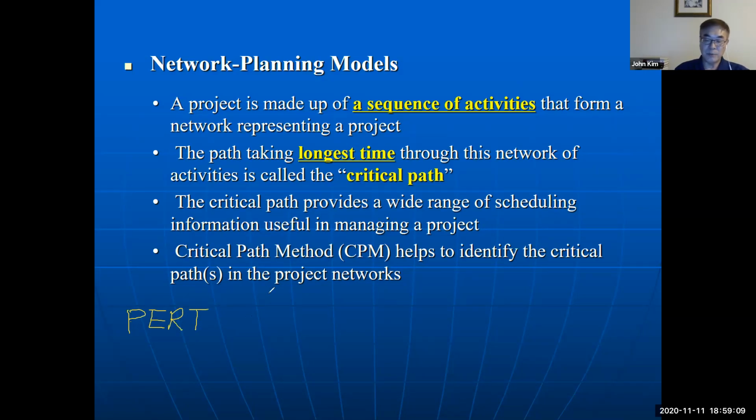So in many cases in project management, you may hear PERT and CPM. CPM is critical path method.